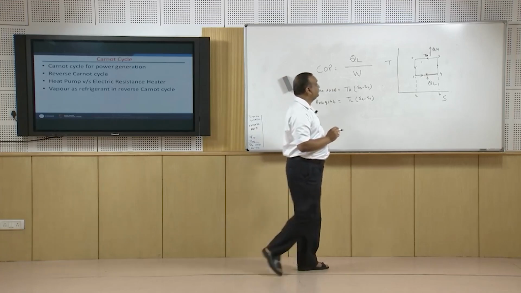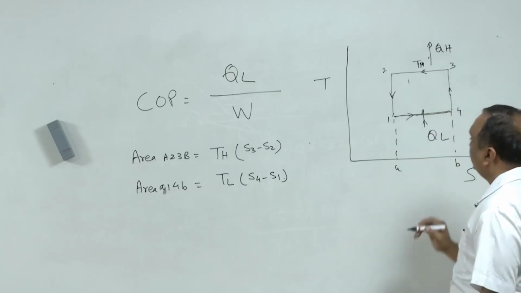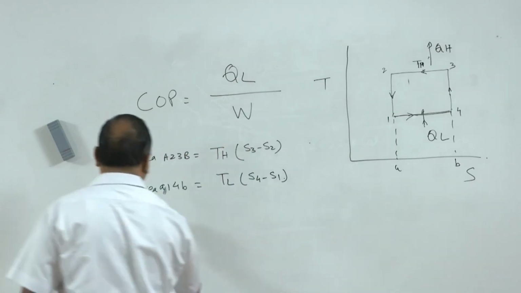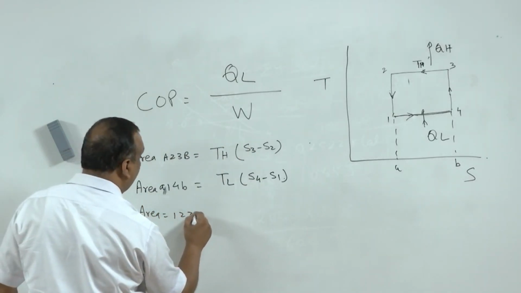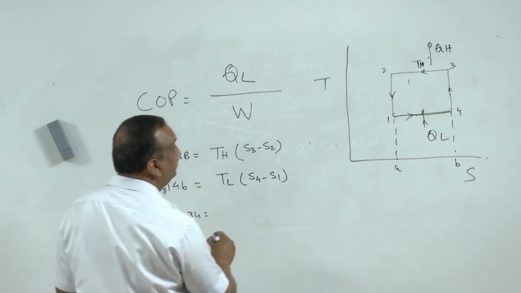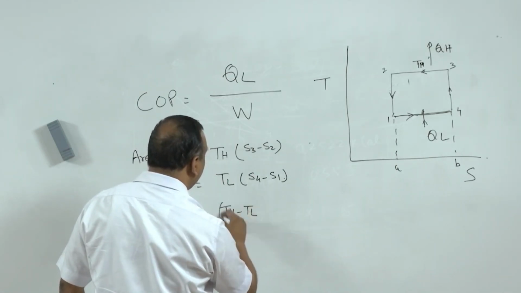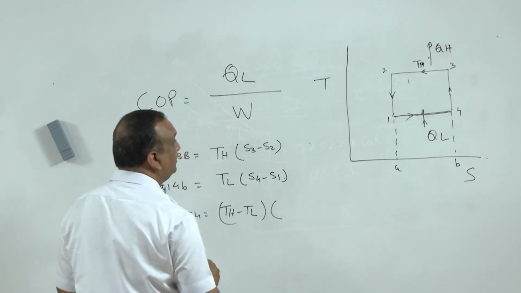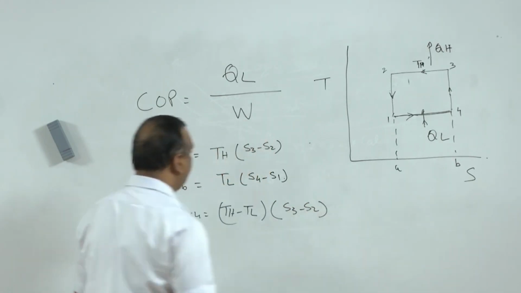The net work done in this process will be given by the area of the rectangle 1234, which is equal to (TH minus TL) multiplied by (S3 minus S2).